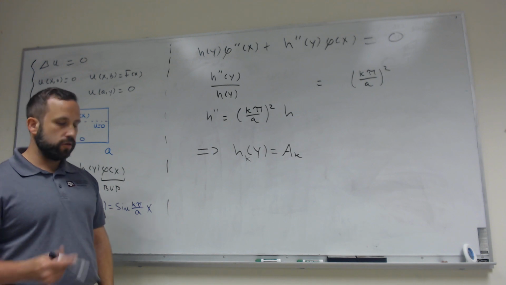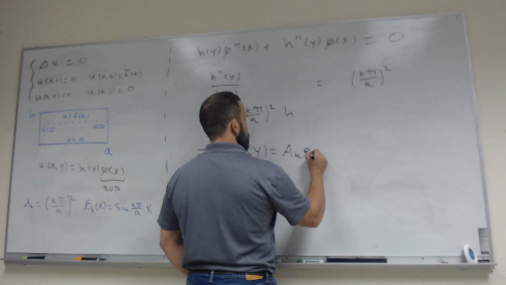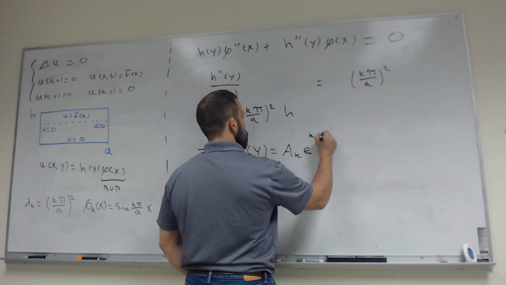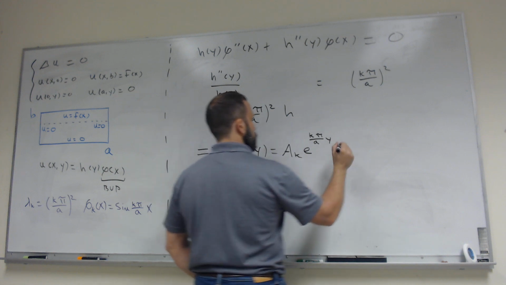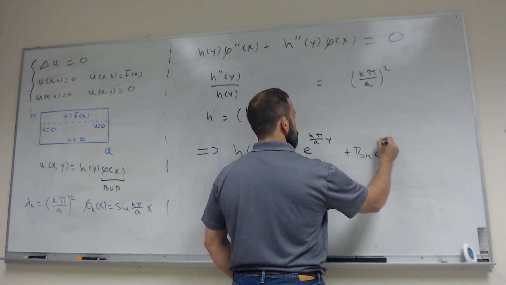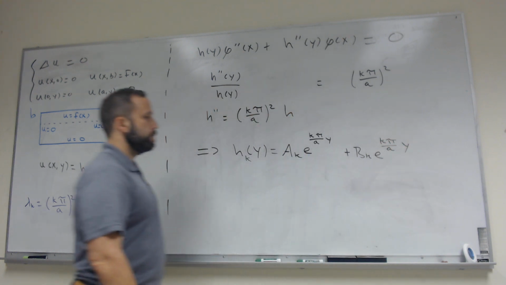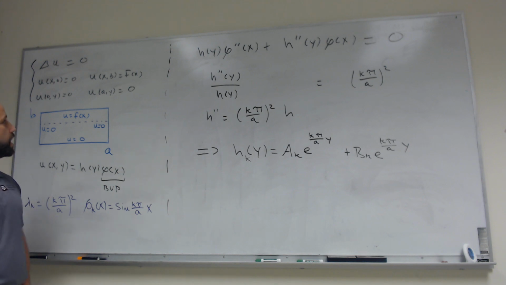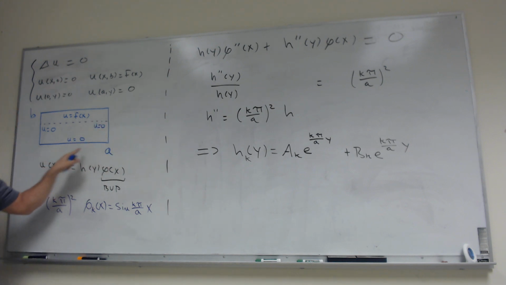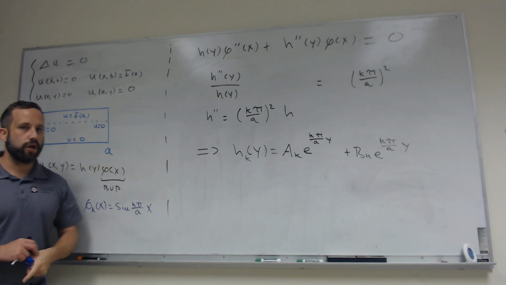So this will be a_k e to the k pi over a y plus b_k e to the minus k pi over a y. The a_k's and b_k's are as yet undetermined, but we're going to use the condition at y equals 0 and the condition at y equals b up here to help us determine what a_k and b_k are.